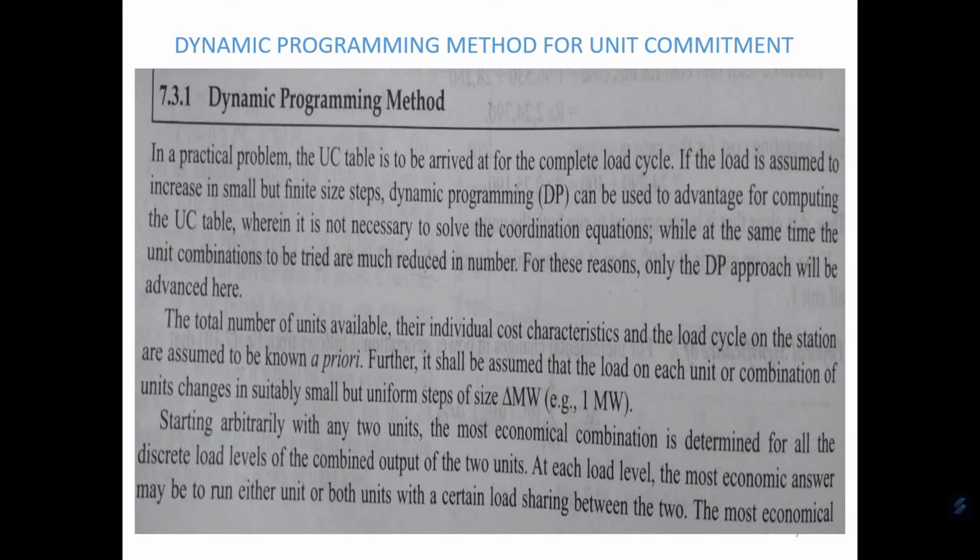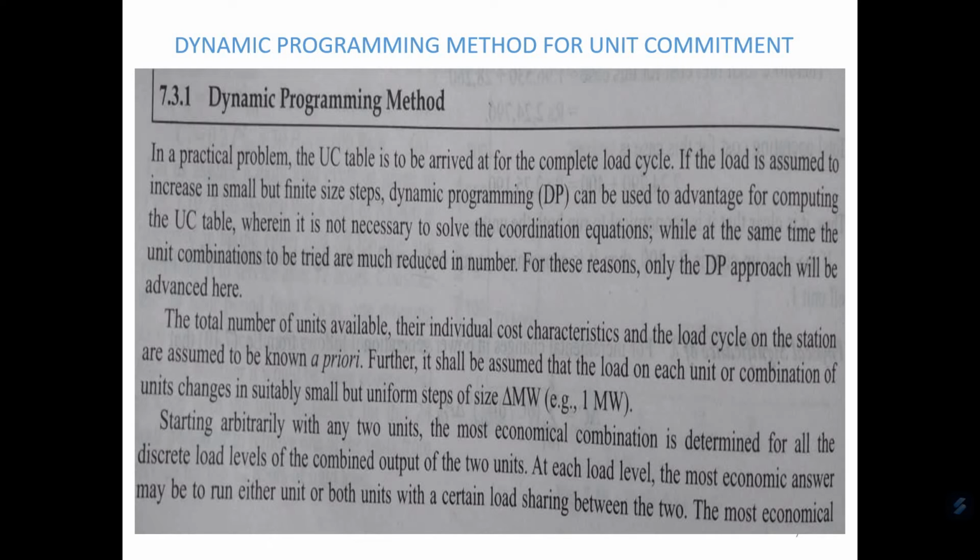Now, the dynamic programming method can be used to advantage for computing the unit commitment table, where it is not necessary to solve the coordination equation, while at the same time the unit combinations to be tried are much reduced in number. For this reason, the dynamic programming approach is advantageous here.